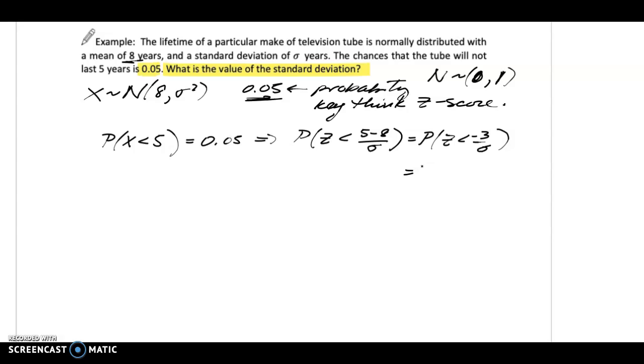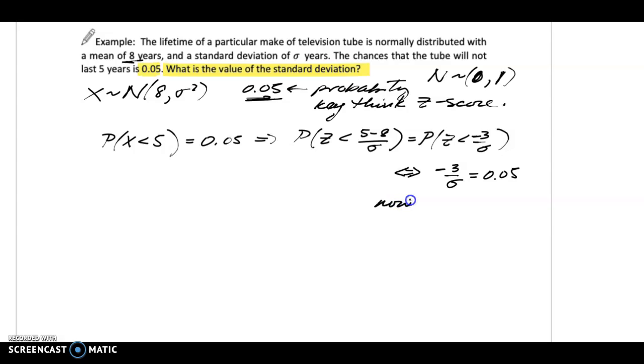It is equivalent to say that minus 3 over sigma is equal to the value with probability 0.05. Then this allows you to solve for your standard deviation.